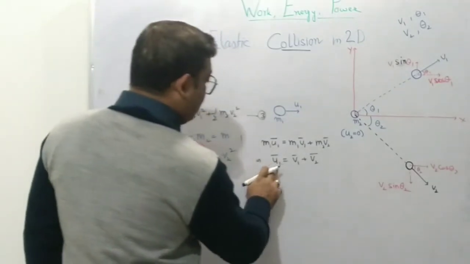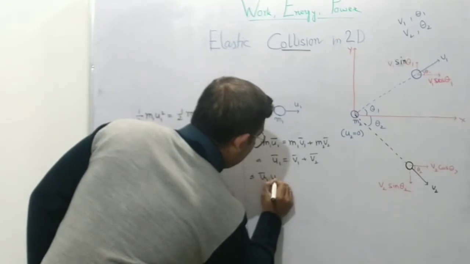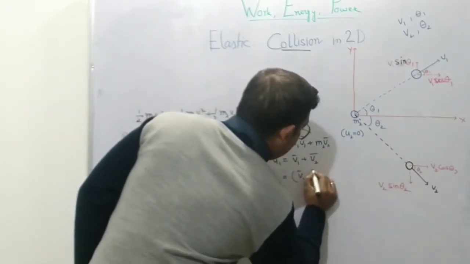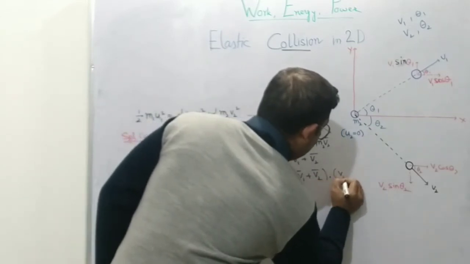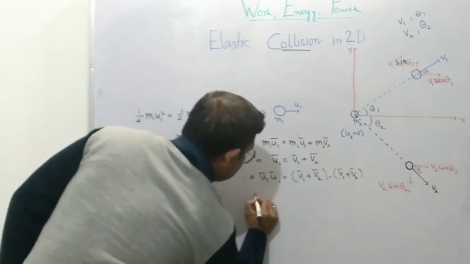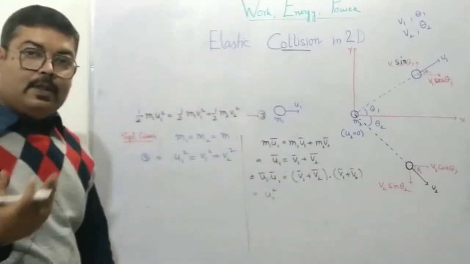If we take the dot product of it with itself, we get U1 dot U1 must be equal to V1 plus V2 dot V1 plus V2, which gives us U1 squared on the left hand side, since the dot product of a vector with itself is just the square of its magnitude.